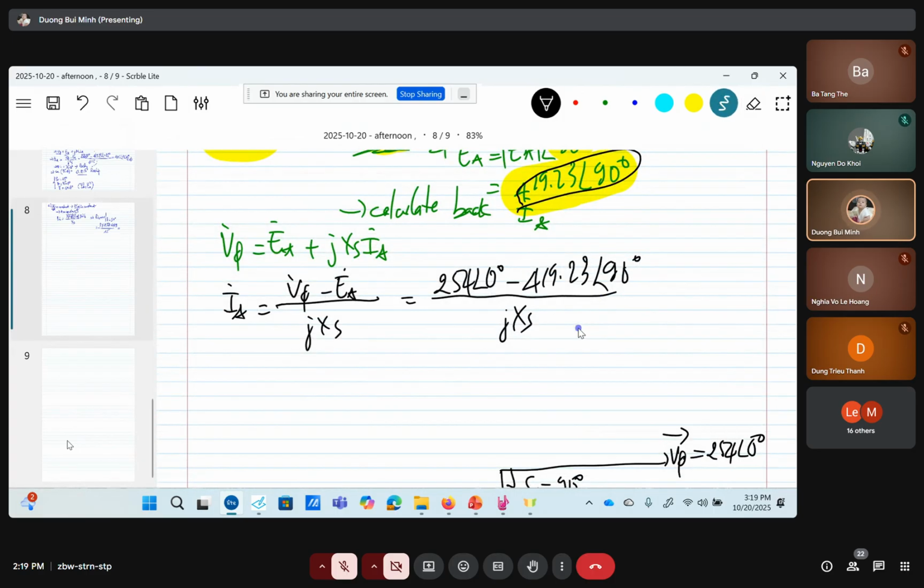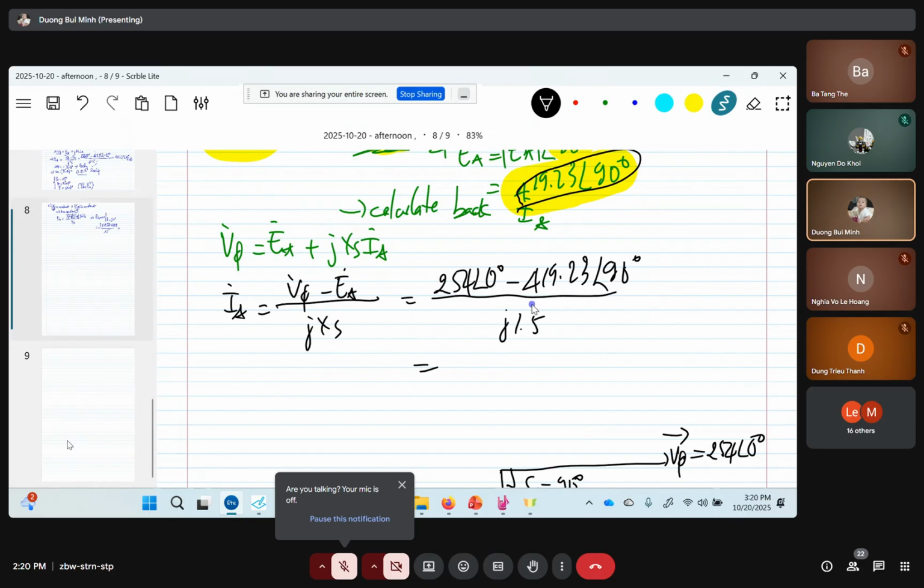So you can calculate this one. jXS is 1.5, so you can get the answer: 254 with 0 minus 149.83 with 90 degrees, and then divided by 1.5j.